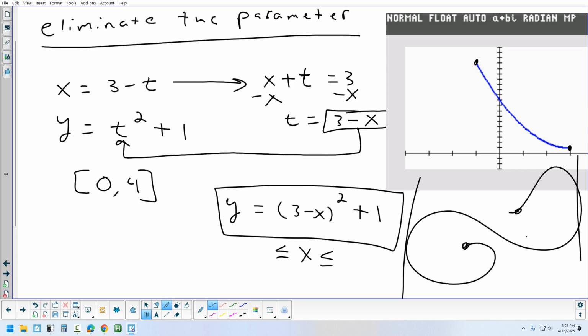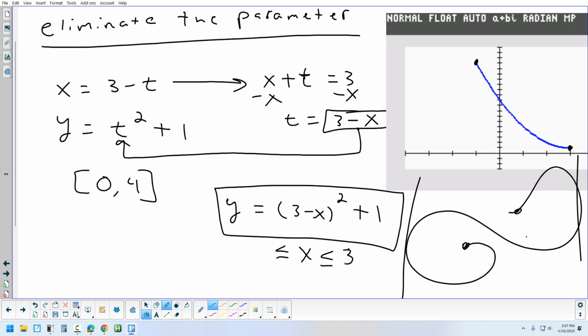So if we plug in 0 for t, what's going to be the x value for where my graph starts? Yeah, 3. So my graph starts right at 3, and that's going to be the highest. This graph is drawn right to left, so 3 is the highest it ever goes.